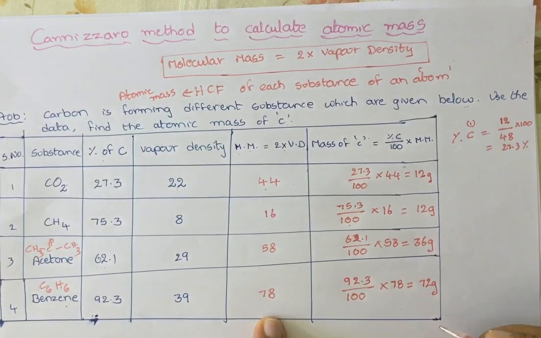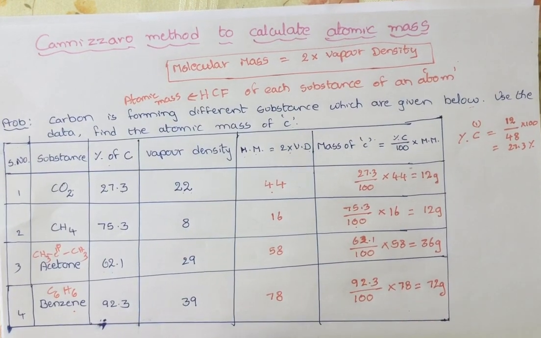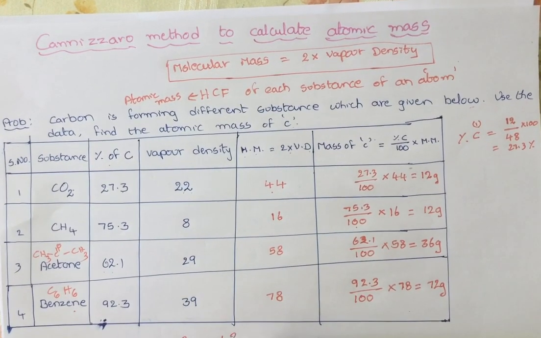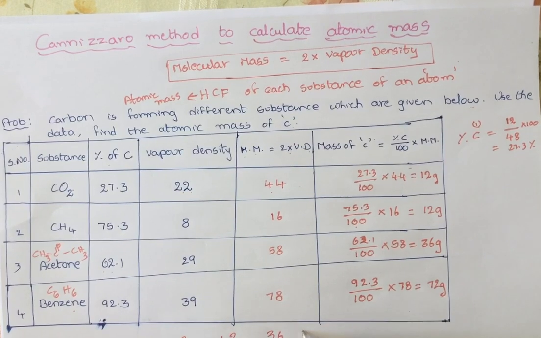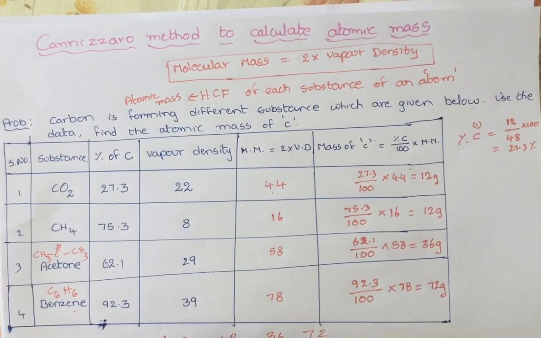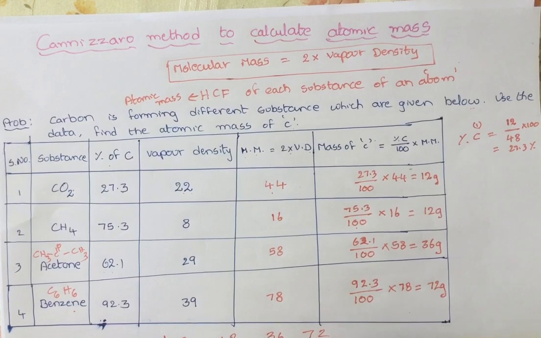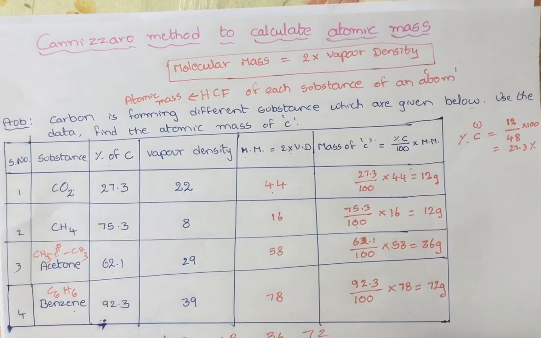So you got the mass of carbon values in each and every compound. What are they? 12, 12, 36, 72. You take the HCF, highest common factor. What is the highest common factor? 12, with the multiples 1, 1, 3, 6.